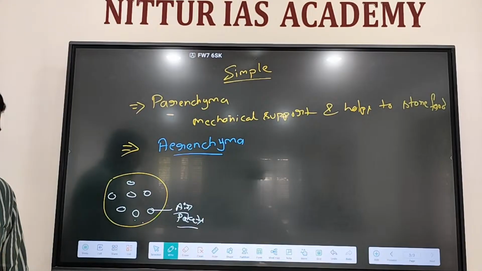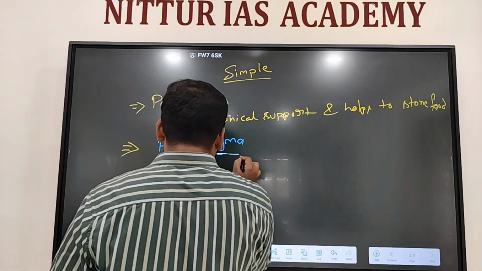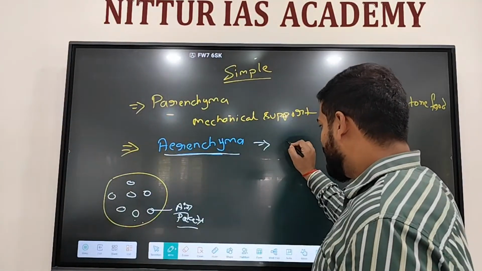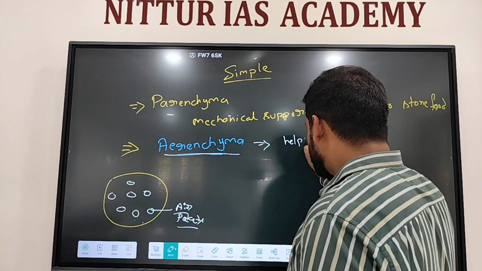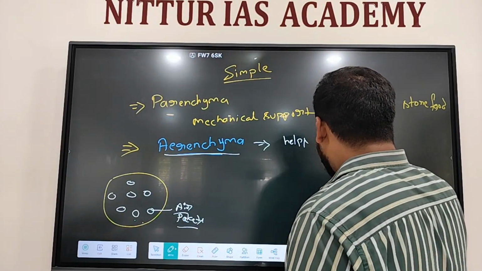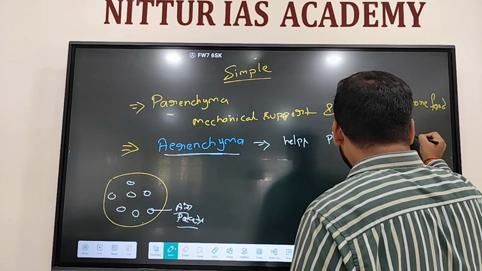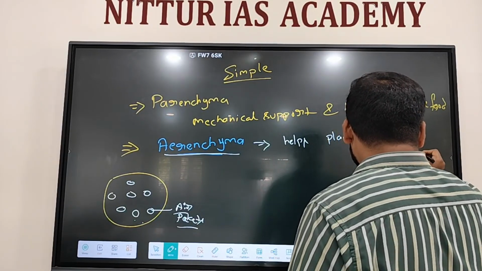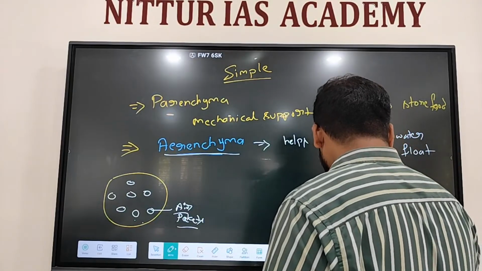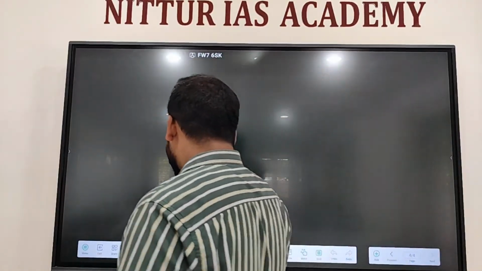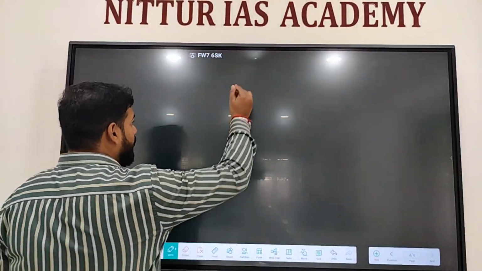Parenchyma is the tissue which helps plants in the water to float. Before discussing this, let's discuss this concept so that you will get to know.